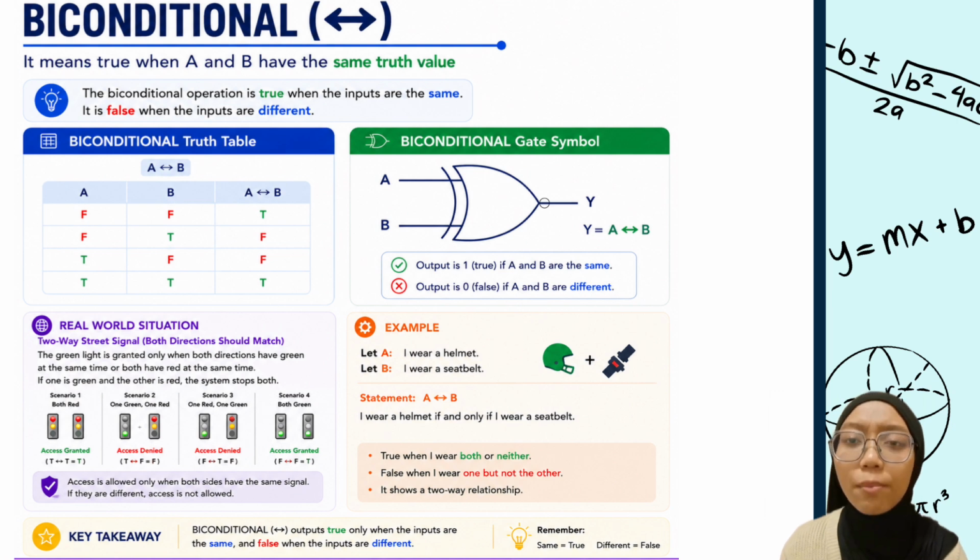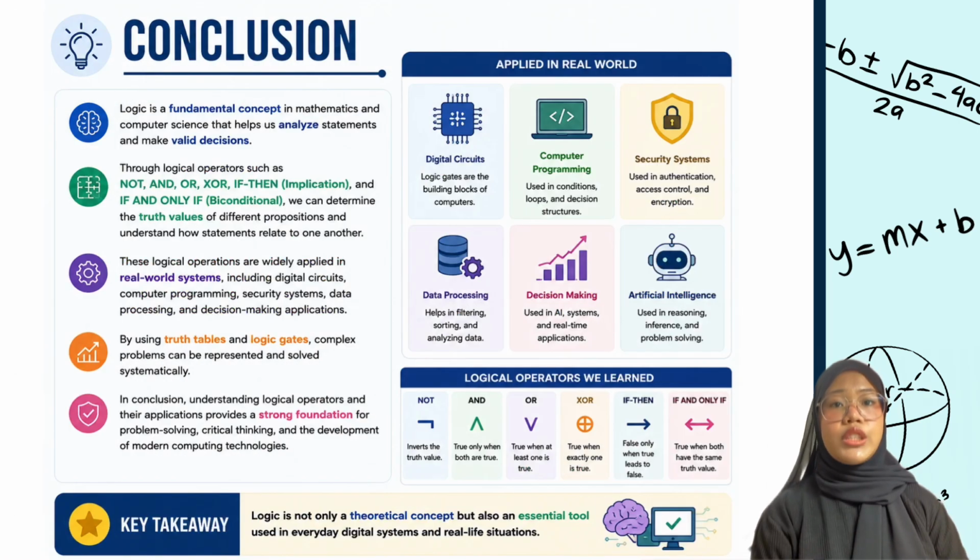In conclusion, the biconditional operator helps us compare two statements and check whether they have the same truth value, and the key idea is to remember that the result is true when both inputs are the same and false when they are different. In conclusion, logical operators such as NOT, AND, OR, XOR, if-then, and if and only if help us evaluate statements and make logical decisions.